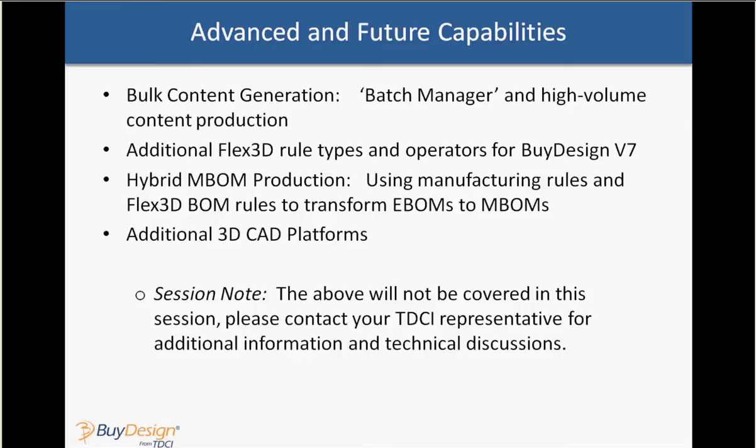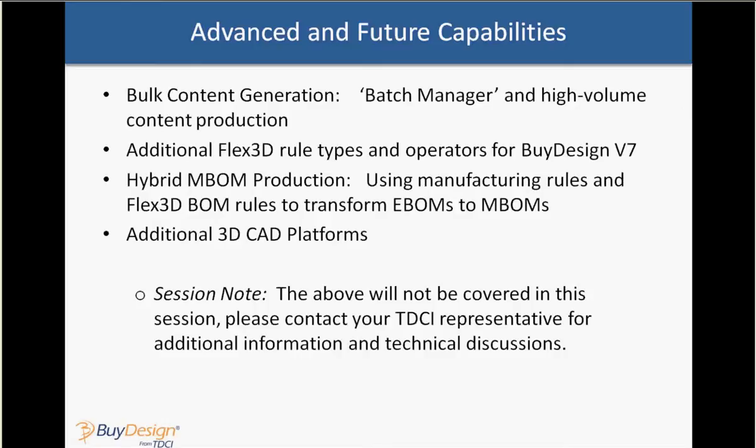Other things that we're doing, which I can't get too deep into, but we're adding a bunch of additional Flex 3D rule types and operators in the next version of the ByDesign configurator. So you'll have actual Flex 3D rules and additional types of rules for part number generation, for content consolidation, for caching, all these types of things.